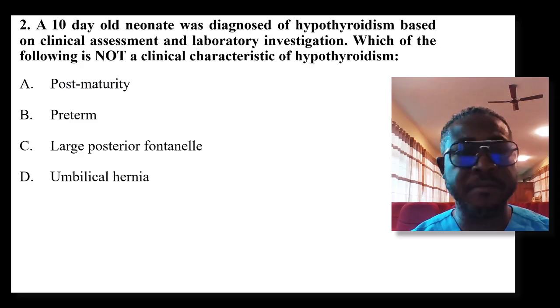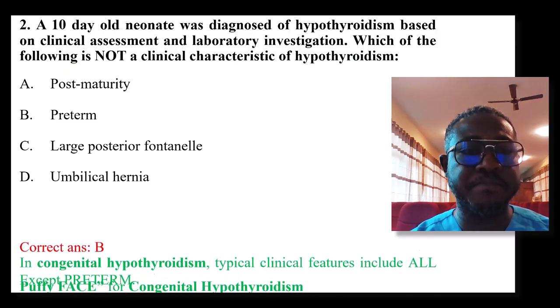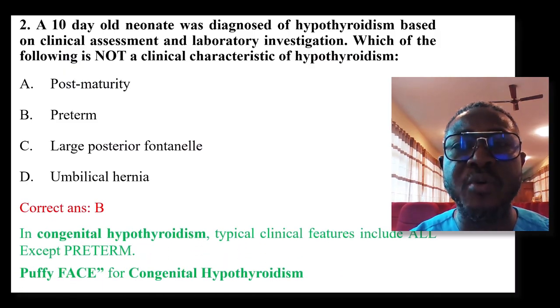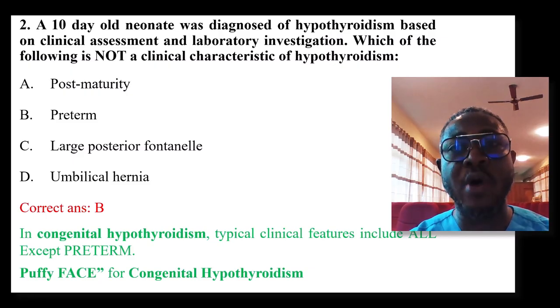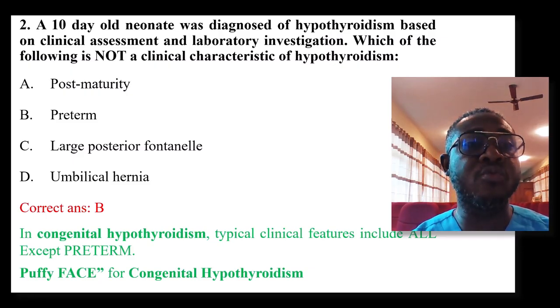Put it in the comment section. All right, so let's look at the correct answer here, which is B. In hypothyroidism, there are low amounts of T3 and T4, which can lead to post-maturity, large posterior fontanelle, and umbilical hernia, but not preterm.